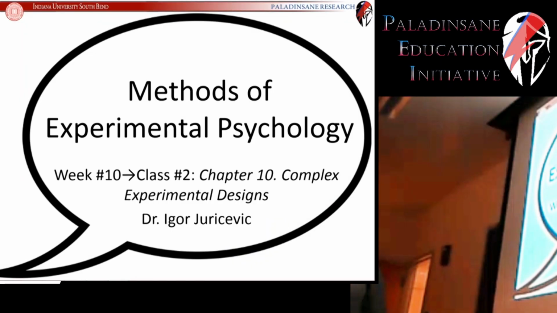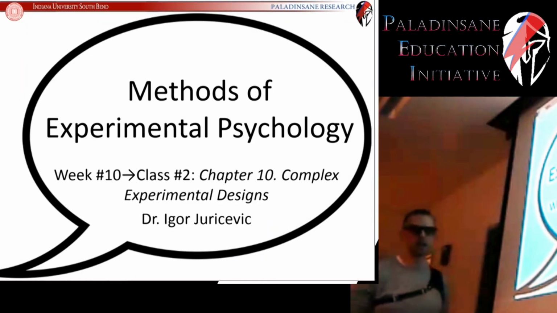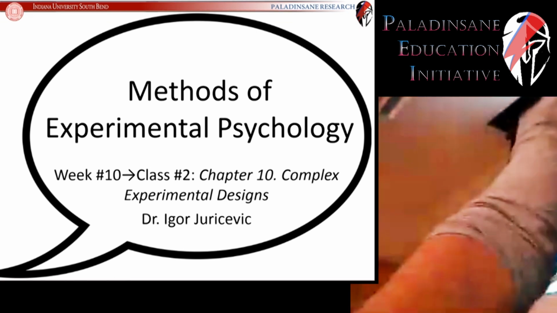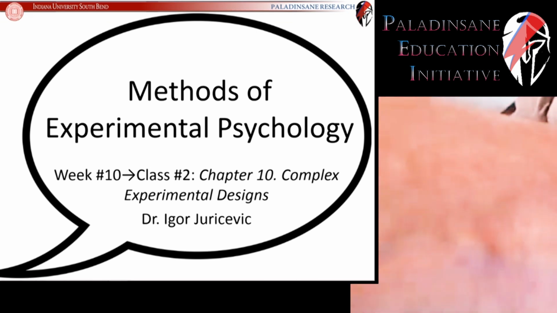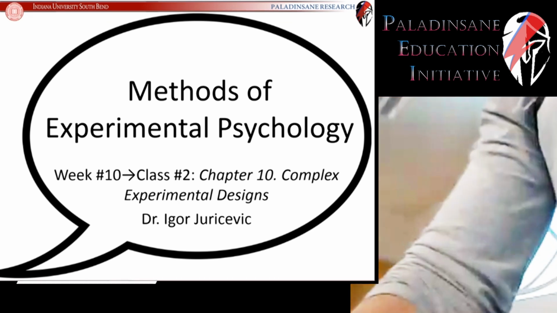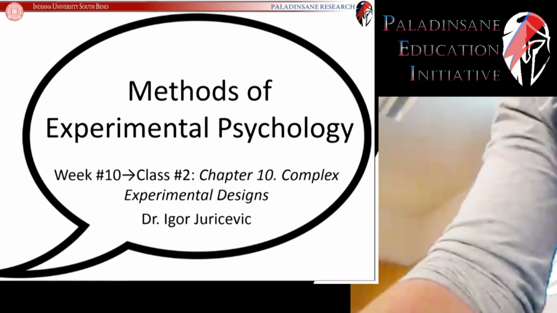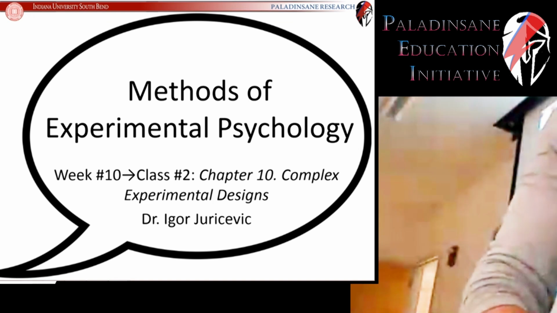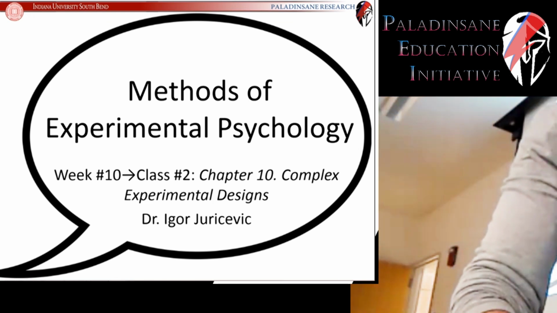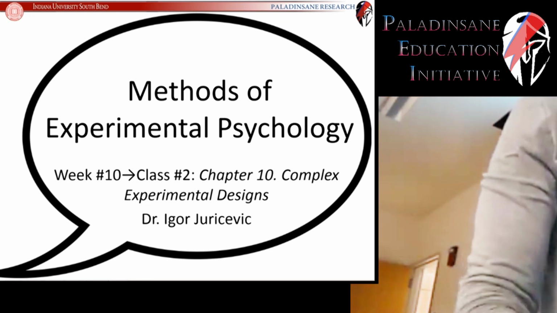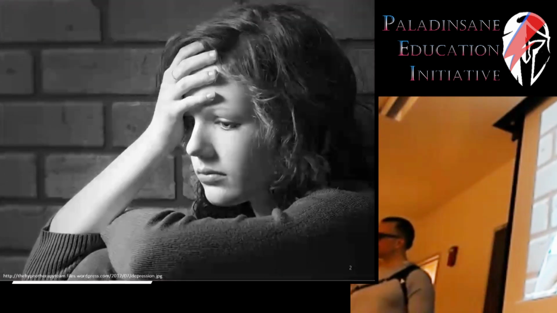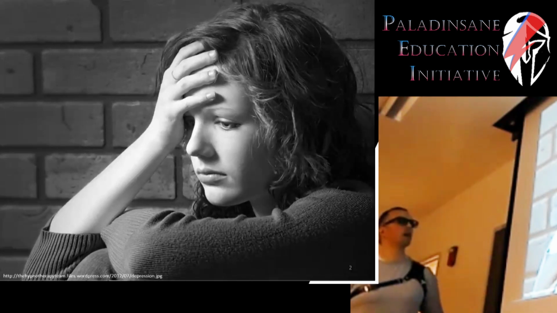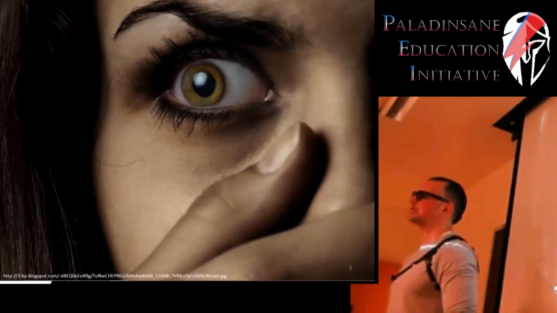So we get into the slightly more complex designs that we're going to focus on today. We're going to take a look at designs that will help us answer questions such as, if you have a treatment that you're designing and it might work for depression, people with depression, and it might work with people with OCD.